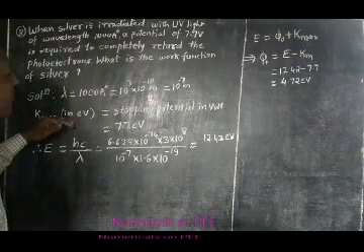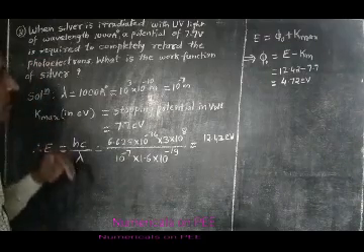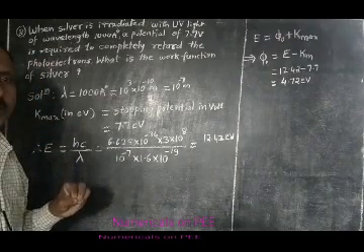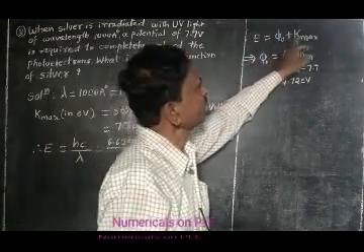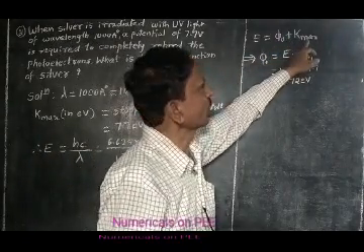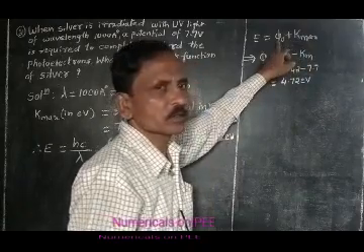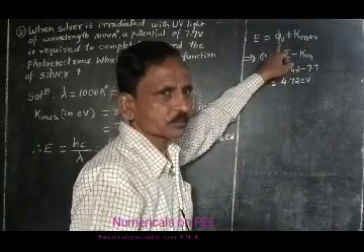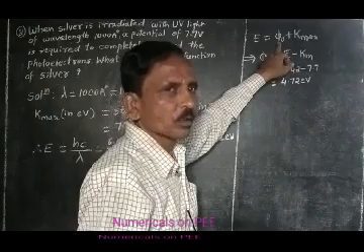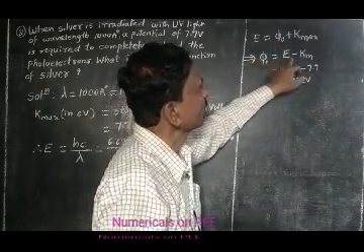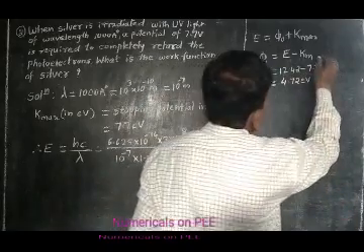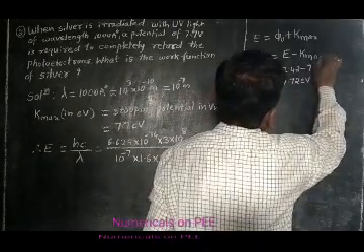And you are asked to calculate work function, and according to Einstein's equation we know that E equal to phi naught plus maximum kinetic energy, where phi naught represents work function. Therefore phi naught equal to E minus maximum kinetic energy.